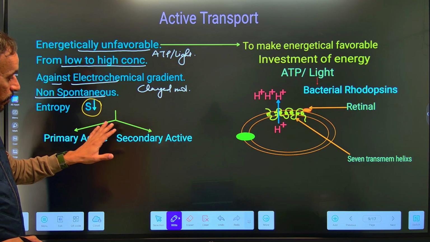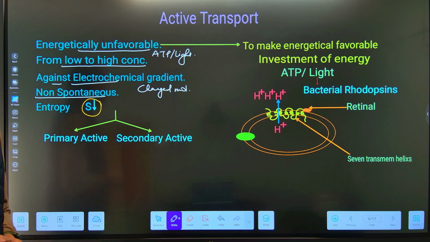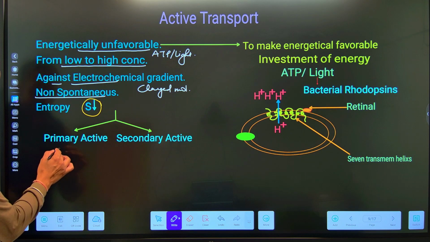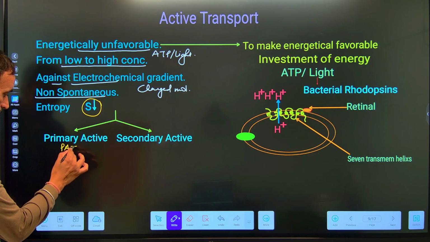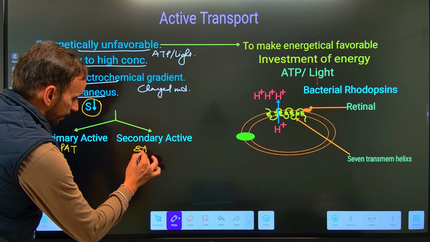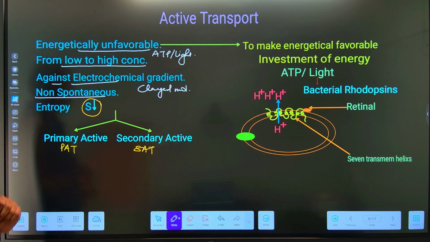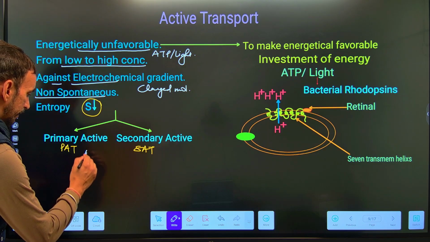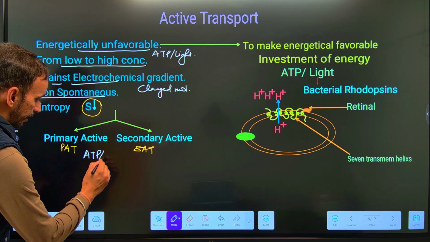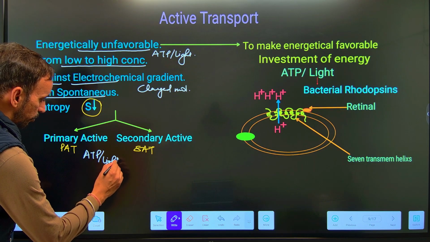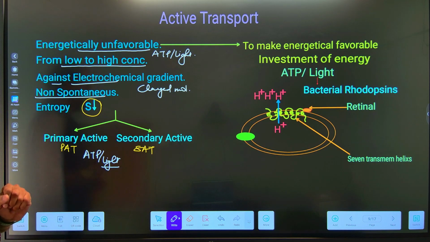Now this active transportation can be divided into two types. One is known as primary active transport, while the other is known as secondary active transport. In primary active transport, you have to invest energy in the form of ATP, or in the form of light when we talk about bacterial rhodopsins.